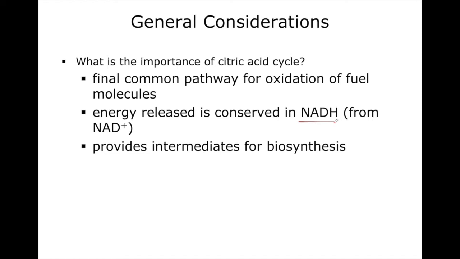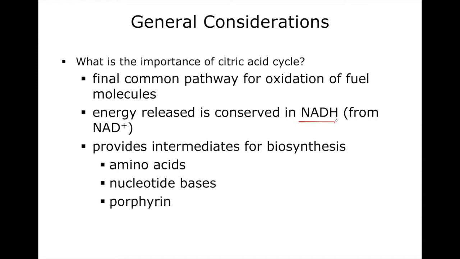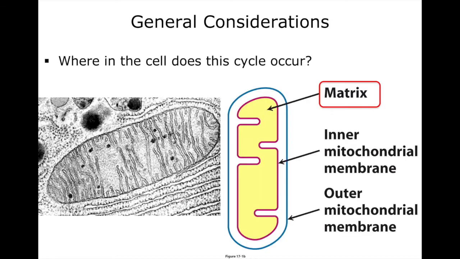So your body does not just have to produce ATP, it also has to produce amino acids, things like nucleotides for DNA and RNA, porphyrin rings for, say, hemoglobin. And so some of the intermediates in the citric acid cycle can be used as the starting point for producing some of these very important biomolecules.